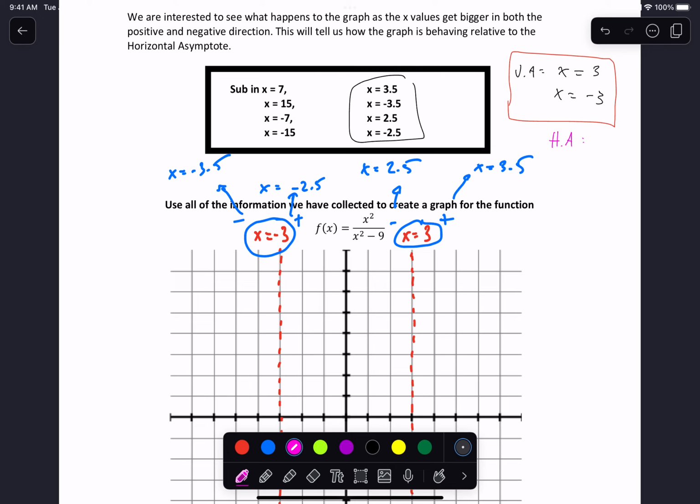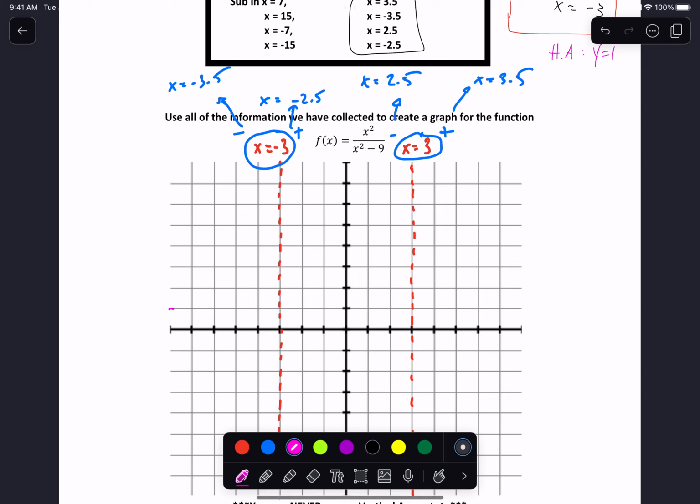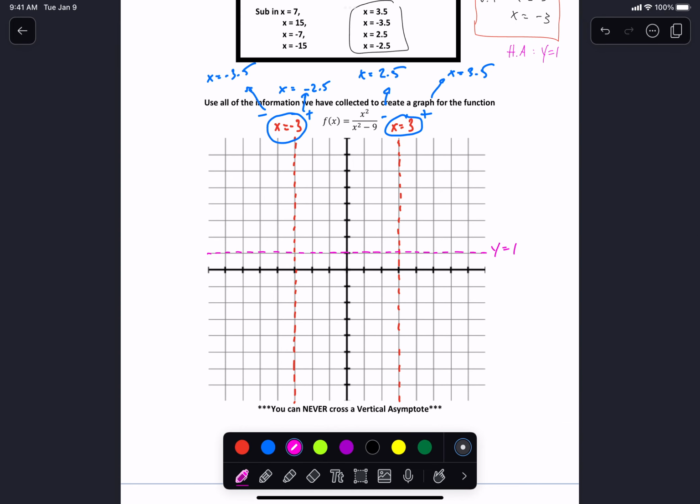Y equals, it's good, y equals 1. Okay, so let's go plot that, and then we're good. Now there's one rule: you can cross horizontal asymptotes, but you can never, ever, ever cross a vertical one.